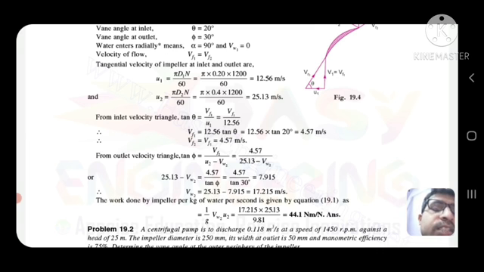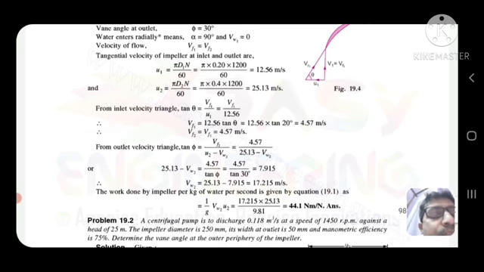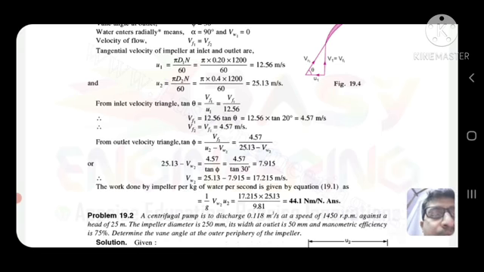From outlet velocity triangle, tan phi is equal to Vf2 by u2 minus Vw2. So 4.57 over 25.13 minus Vw2.